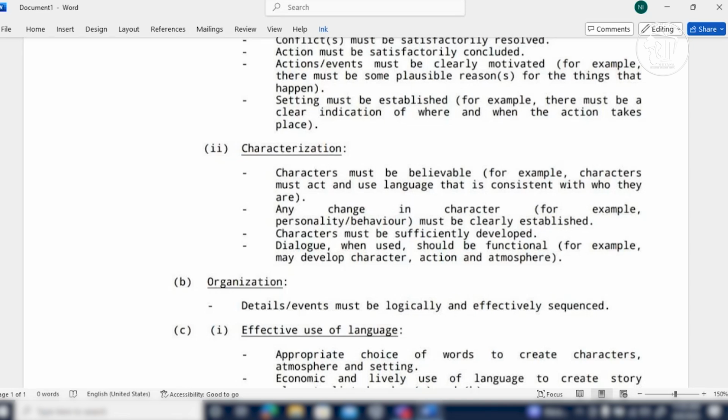So we're not just going to write, "Hi, Tom," then "Hi, John," then "How are you?" "Well, I'm not so good today." "Why are you not so good today?" "Well, I don't like the poached eggs that Mommy did." No, that's not functioning. It's not forwarding your story. The dialogue, when used, must be functional.